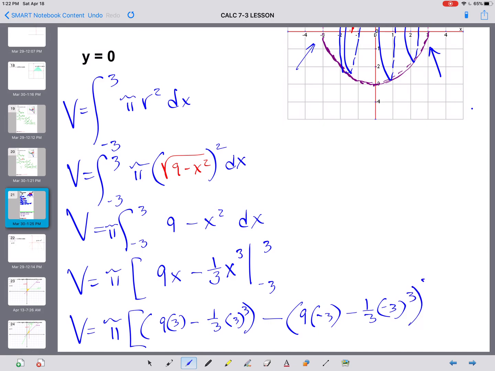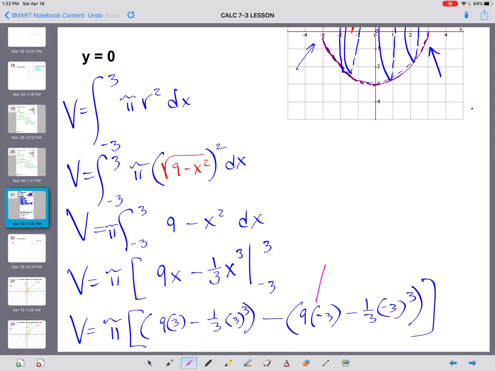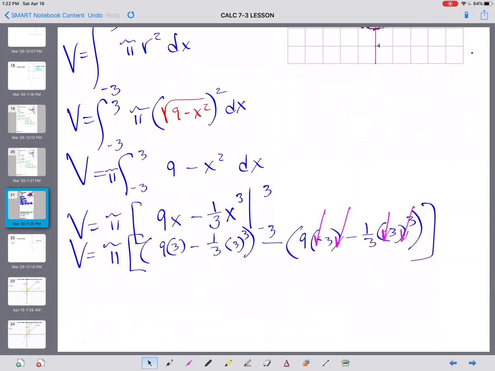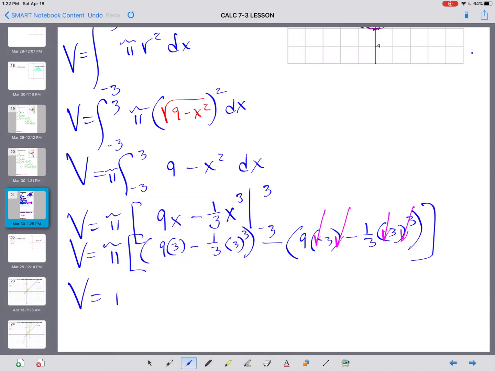Remember, when you do this in your calculator, make sure you use parentheses, especially on the negatives. If you don't, you're going to get it incorrect. Here's what I did. We've got the pi.